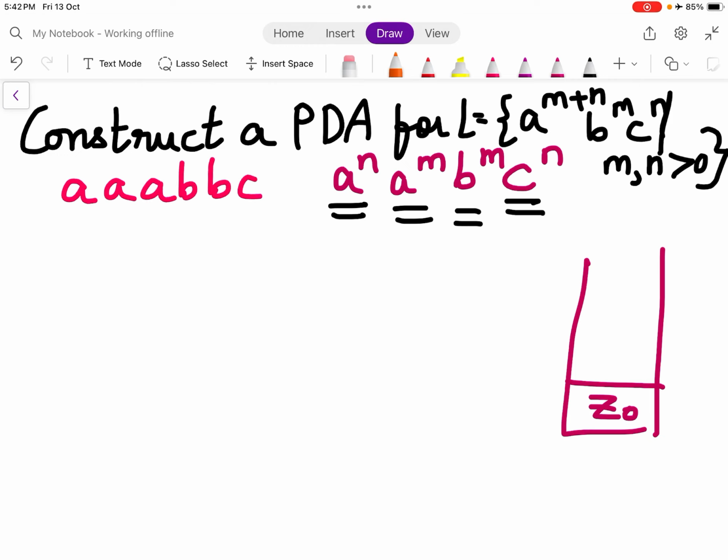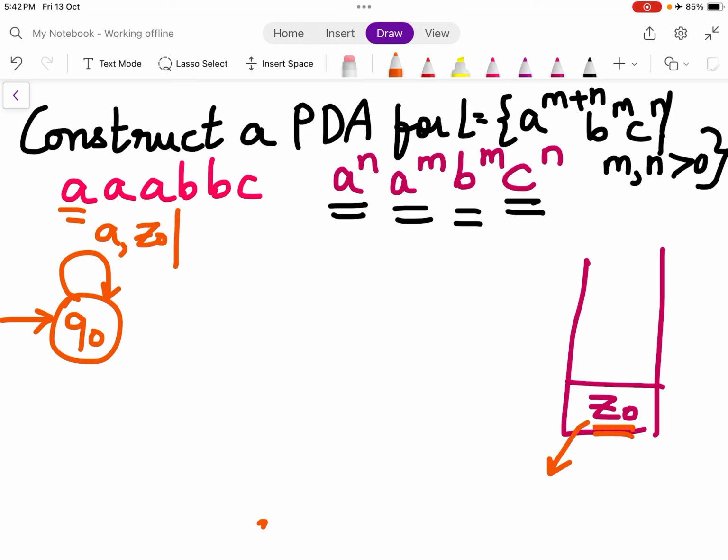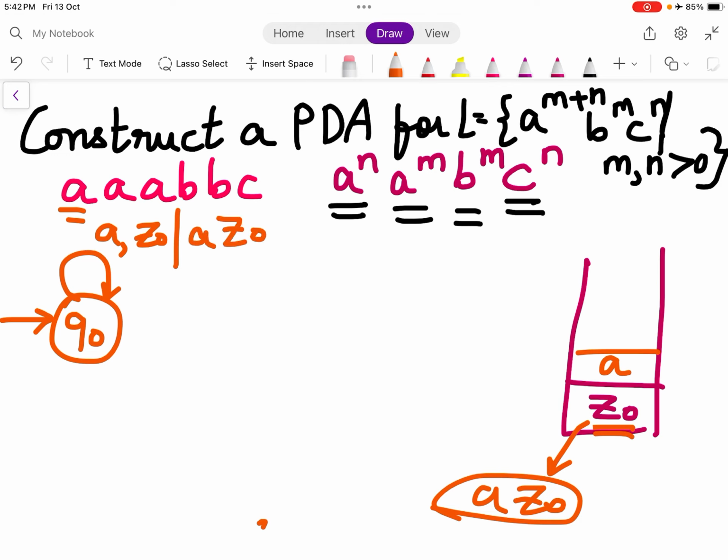A, A, A, B, B, C. So first you have a Q0 state, that is your initial state. In the string you have an A, on top of the stack you have a Z0. Assume the Z0 is removed for some time, and you will push A, Z0 together. So you get A Z0.